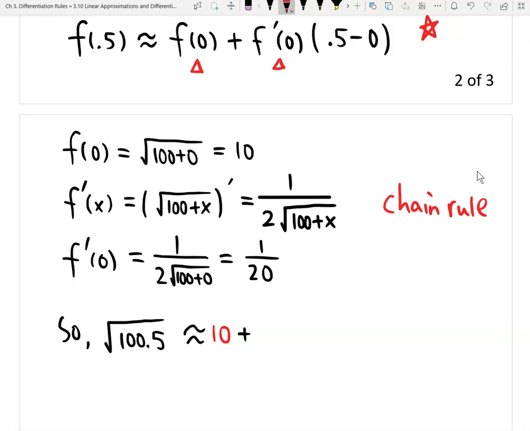We just found it is 1 over 20, right? And then times 0.5 minus 0, which is 0.5. So this is an easy calculation. You don't need your calculator, right? You get 10.025. See, this is the final approximation.